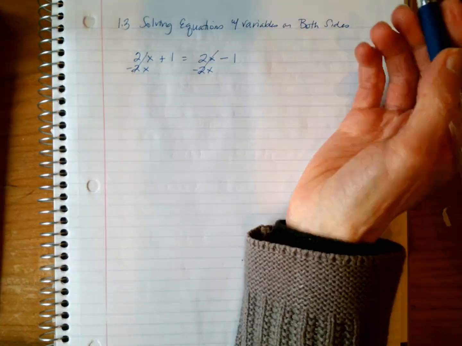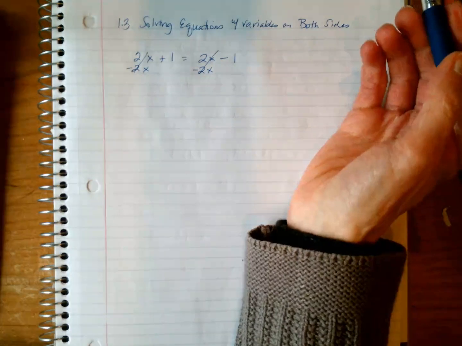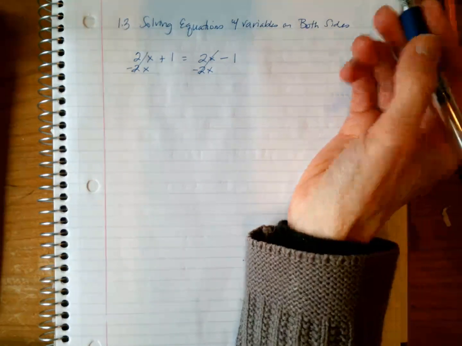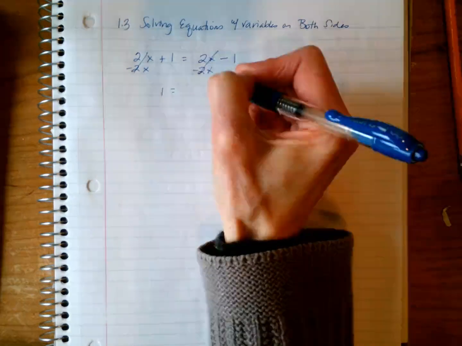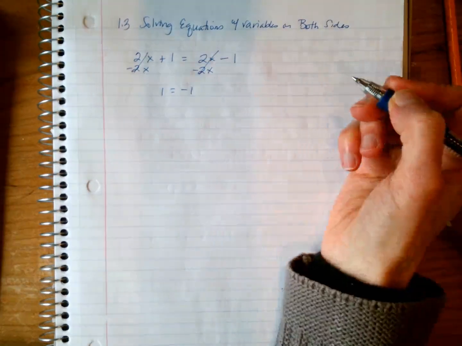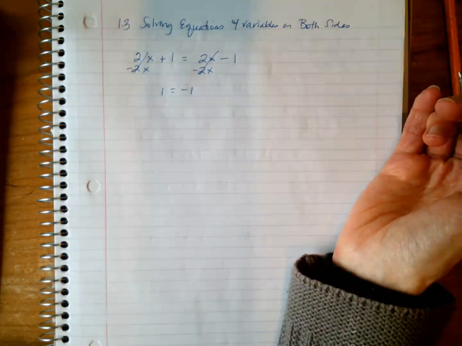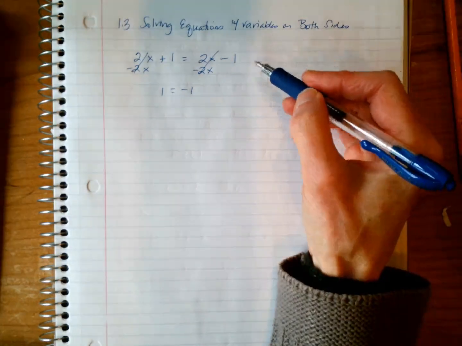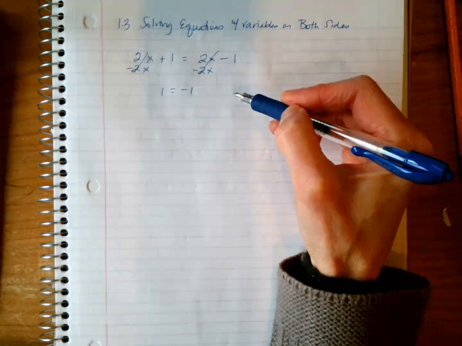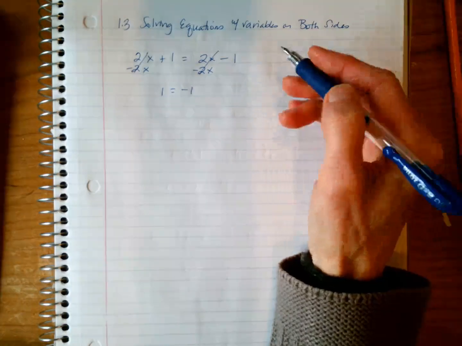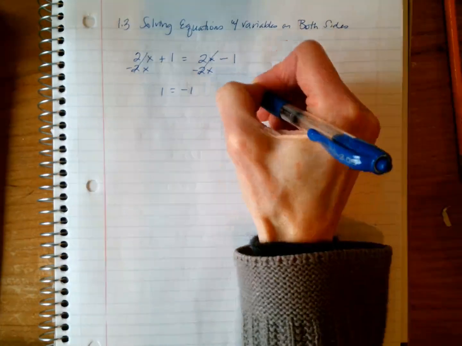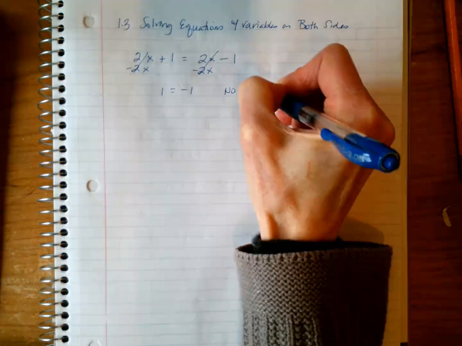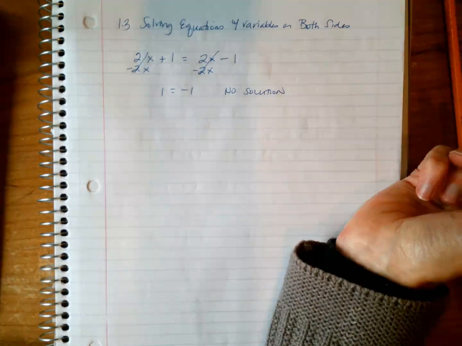And that's kind of the whole point of this unit, is to solve for the variable. Because we are left with a positive 1 equals negative 1, this solution can never be true. So when you have simplified the equation down as far as you can, and you are left with an answer that can never be true, you are left with an answer that is said to have no solution.